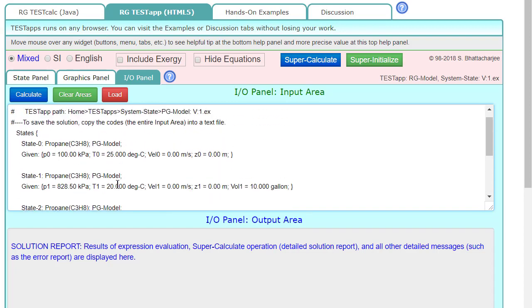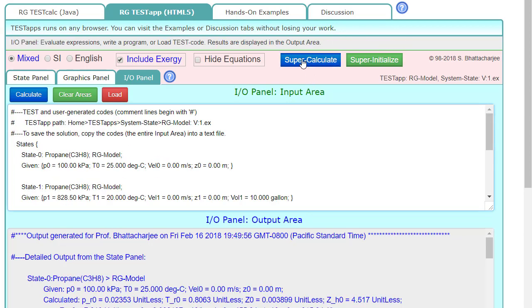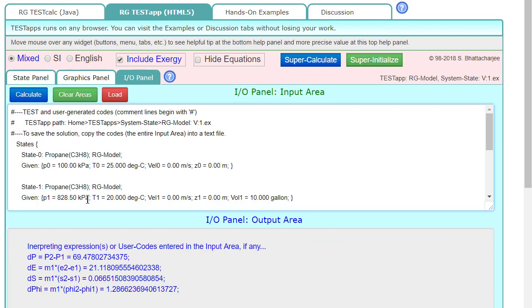It doesn't give you enough information in the original problem to do this without finding that pressure first. Right, load, super calculate, and calculate. And there we go, about 70 kPa change in pressure, 21 kilojoules for stored energy, 0.07 for entropy, and 1.3 for change in stored exergy.